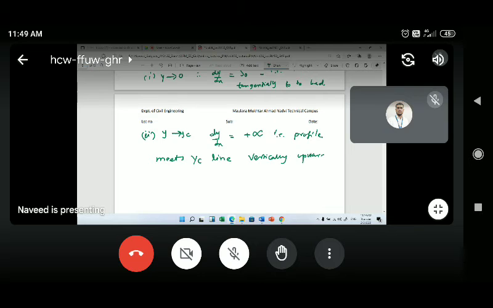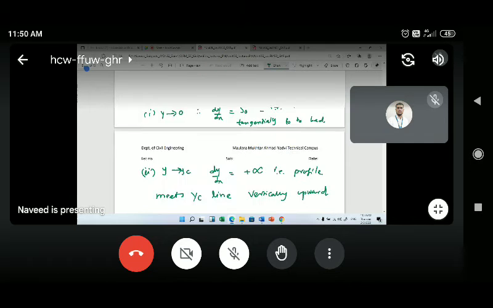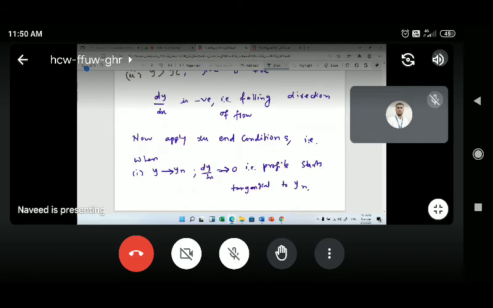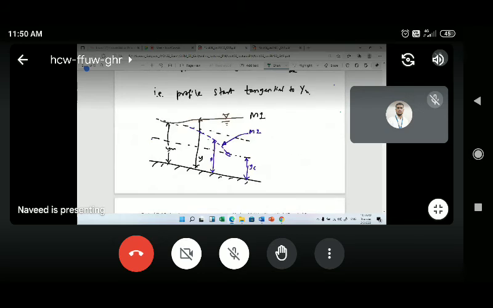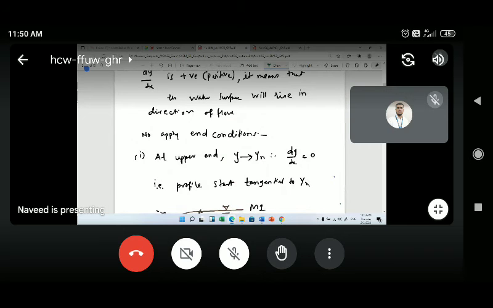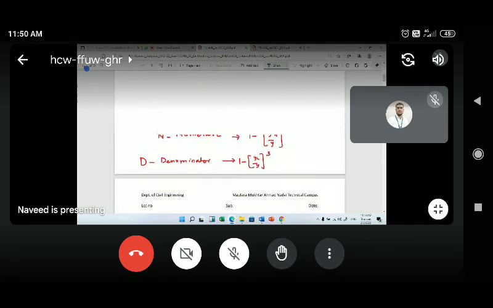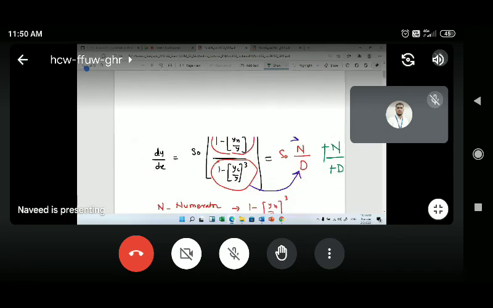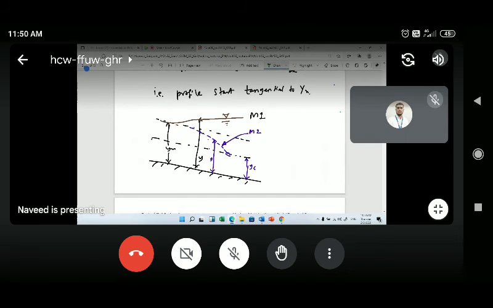Earlier, in M1, it was downward, and in M2 this is upward. If I draw the figure, this will happen. Where is that figure I have drawn? Here.